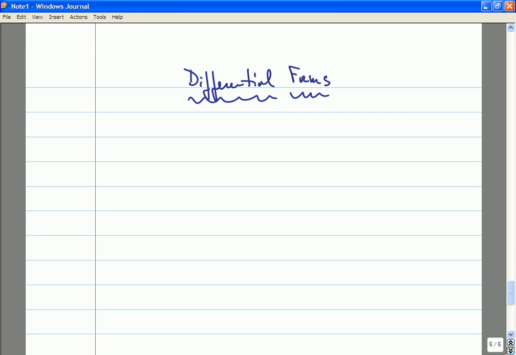Okay, with all of that ado, what then is a differential form? A differential form is just a particular type of tensor.